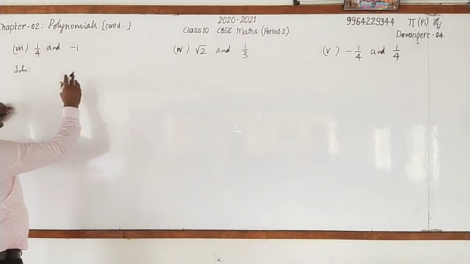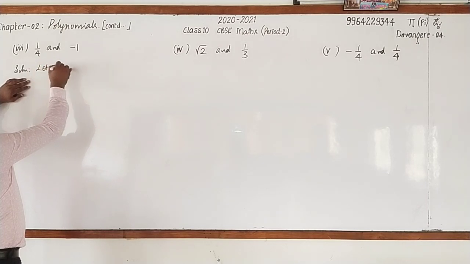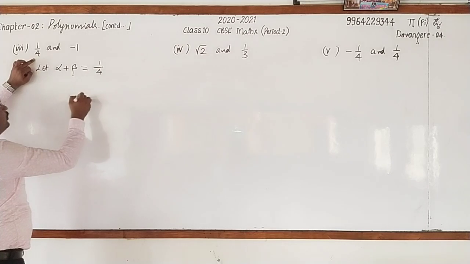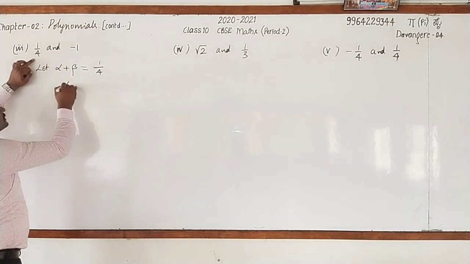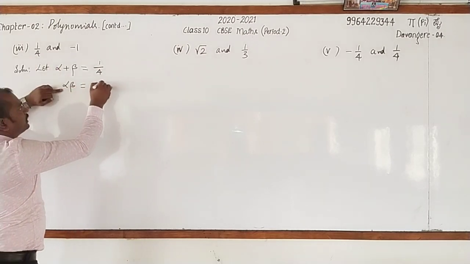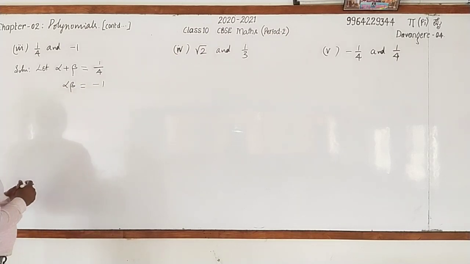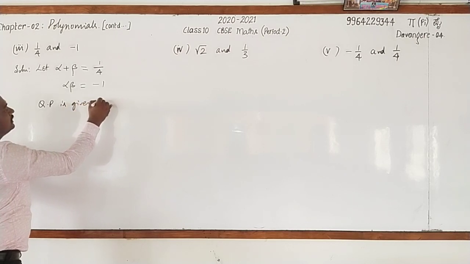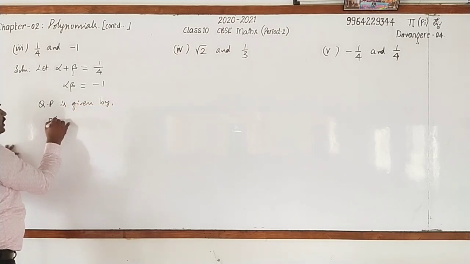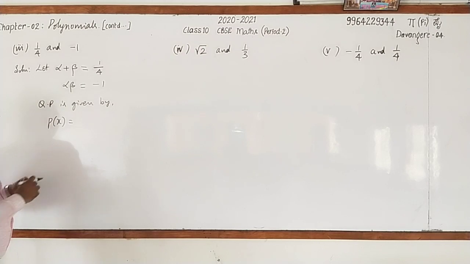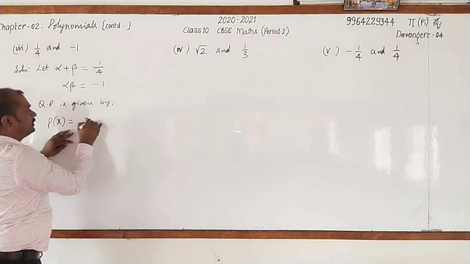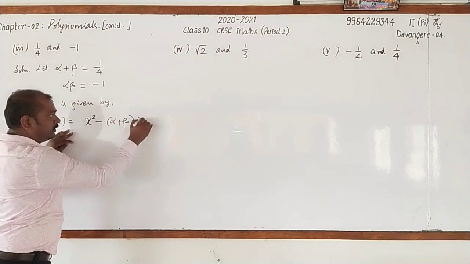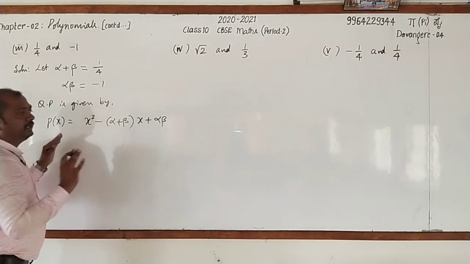You know that alpha and beta are the zeros. Hence, I take that alpha plus beta equal to 1 by 4. And minus 1 is product. Alpha into beta is minus 1. And we all know that quadratic polynomial is given by p of x is equal to x square minus of alpha plus beta into x plus alpha beta.